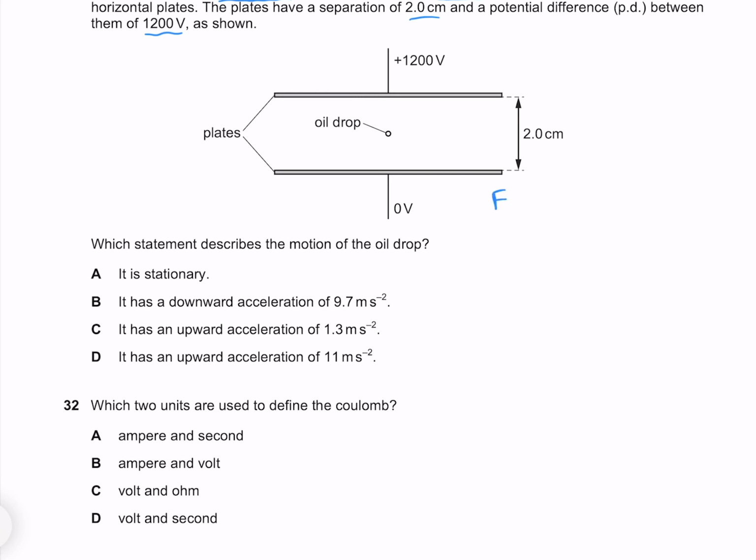We know that the electric force is given by EQ, and force is equal to mass times acceleration. Therefore, the acceleration from our electric force is going to be EQ divided by m. Now we also know that the electric field strength is voltage divided by distance, so we can make that substitution.